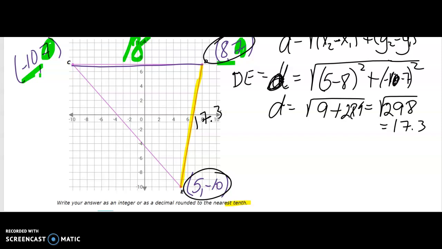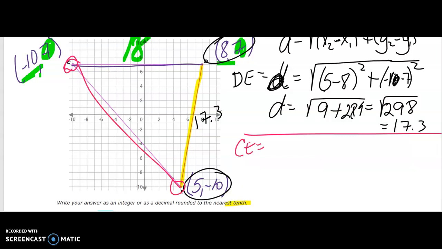Okay, change colors, and we're going to do it again for this distance right here. So CE equals the square root of something squared plus something squared. X2 minus x1, and x1 is -10, so if I minus a -10, I'm actually adding it.